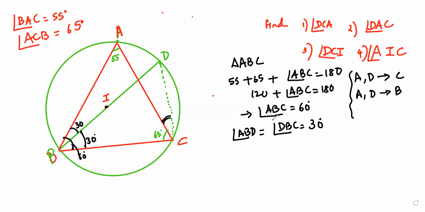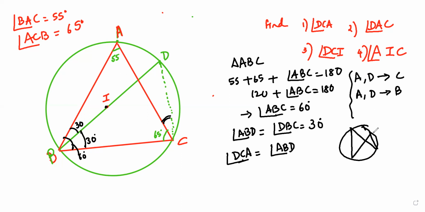A and D are joined to C, A and D are joined to B. So I can say angle DCA, which I marked in double strokes, will be equal to angle ABD, angles in the same segment. If you are able to visualize, I'm just drawing it out for you for a better perspective. A is there, and there is D, and there is C, and there is B. So this angle is equal to this angle. So that is 30 degrees. So we found item number 1, that is angle DCA is equal to 30 degrees.